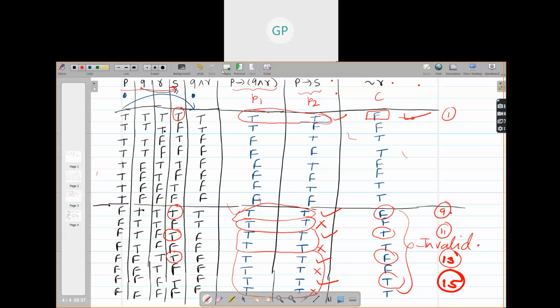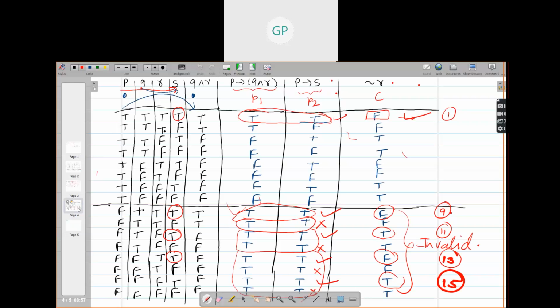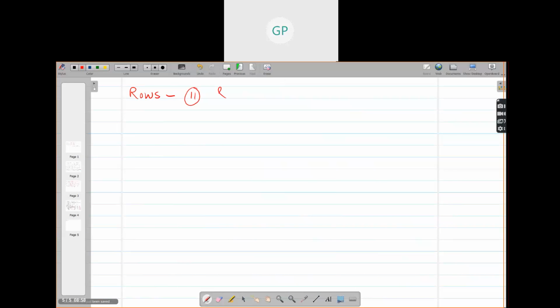So you have to give the reasons. Specify which rows. First write the true ones: row 11 and row 15. Premises true and conclusion is also true.